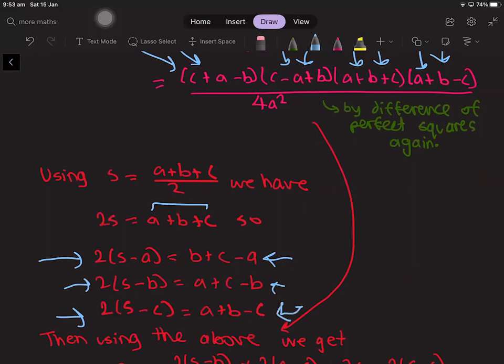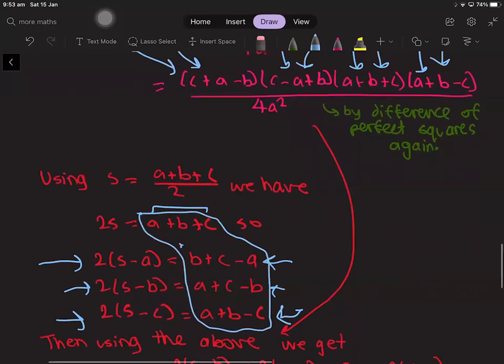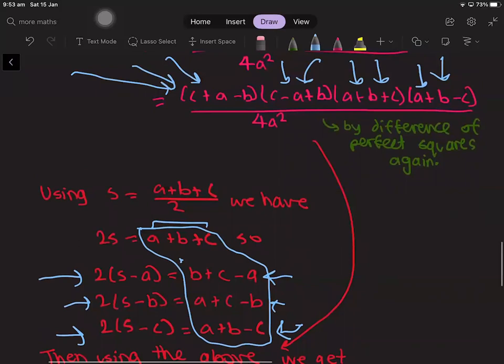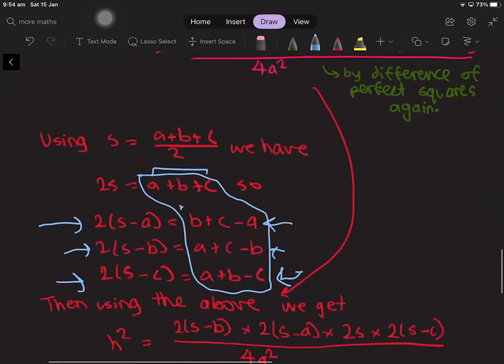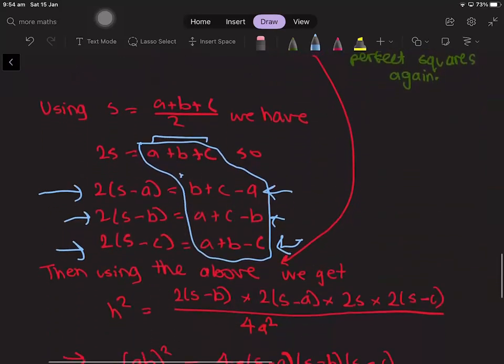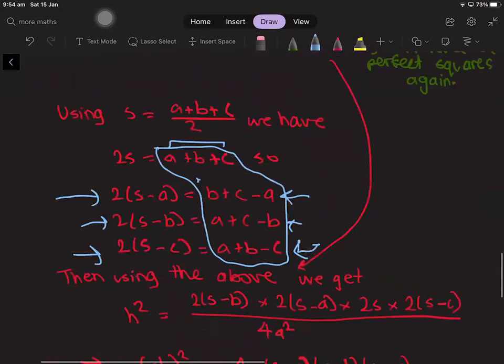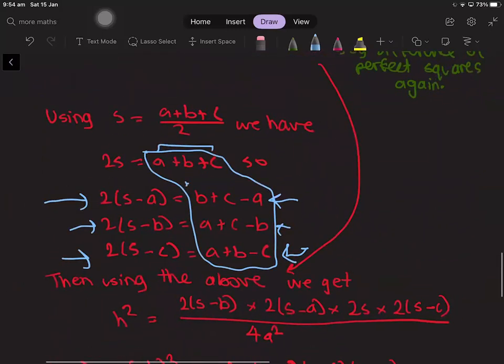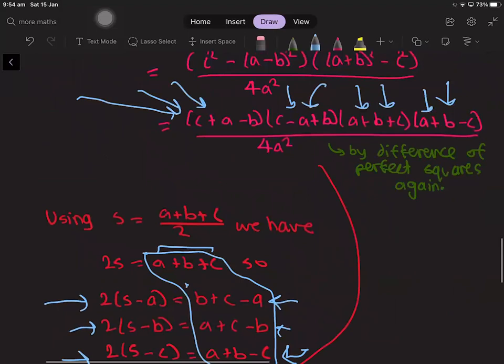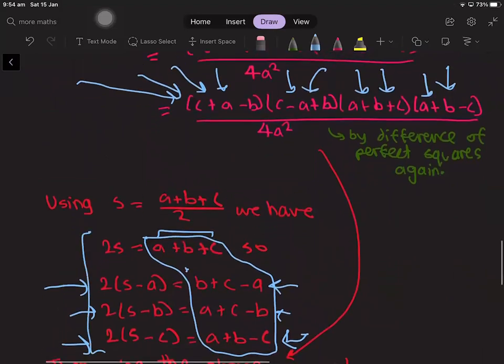And now we see that these factors are the same as these numbers on the numerator. So in fact, we can write h squared is equal to 2(s minus b) times 2(s minus a) times 2s times 2(s minus c), all over 4a squared. That's just substituting all these values up here.